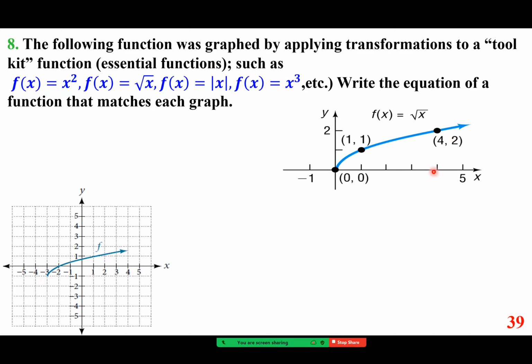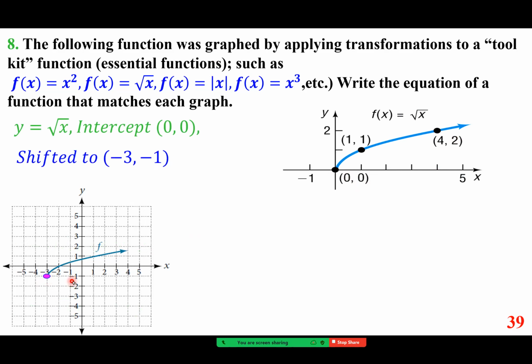As you can see here, of course, the x-intercept, which happened to be the y-intercept as well, is located at 0, 0 and has been shifted. So now it's been shifted to the location -3, -1, which means we've moved it 3 units to the left. So that means this x is +3.